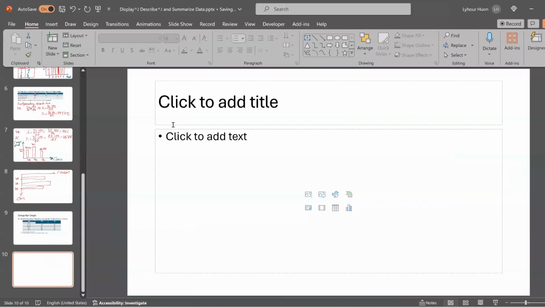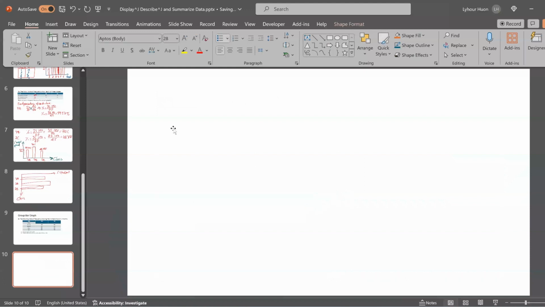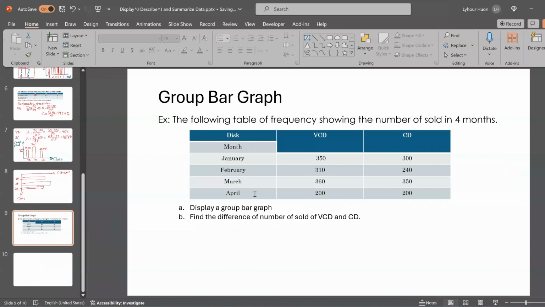The group bar graph is similar to the bar graph actually, but now we have 4 months and we have two products. So for the group bar graph, the vertical axis should show the two types and the horizontal axis should be the 4 months.